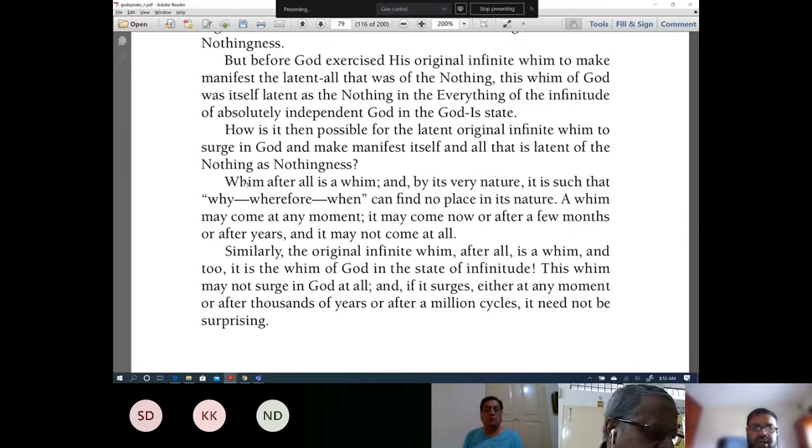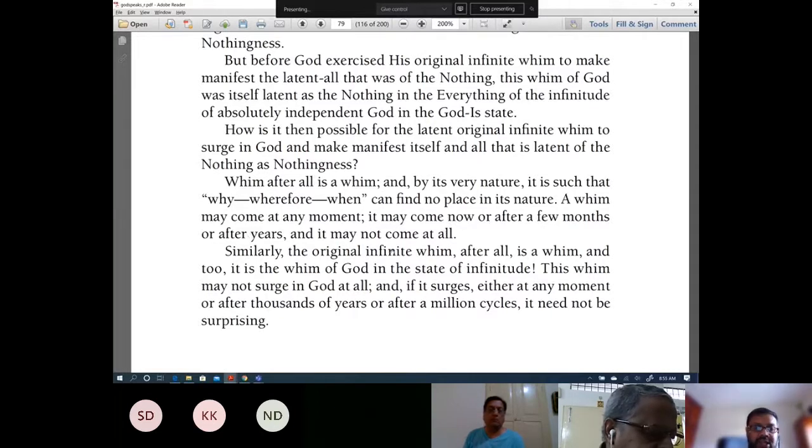A whim, after all, is a whim, and by its very nature, it is such that why, wherefore, when can find no place in its nature. A whim may come at any moment. It may come now or after a few months or after years, and it may not come at all.